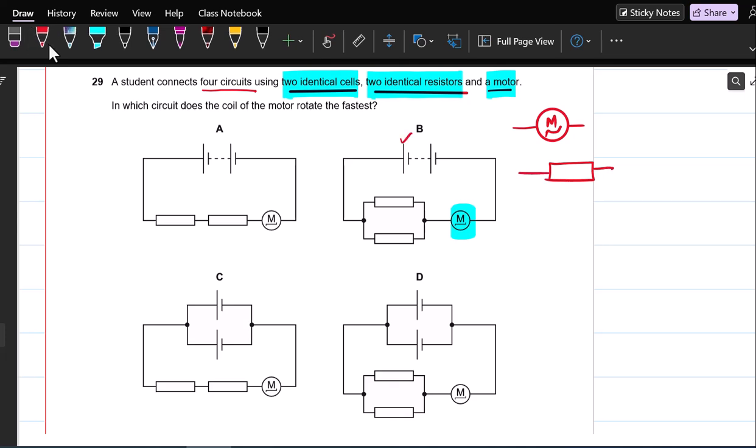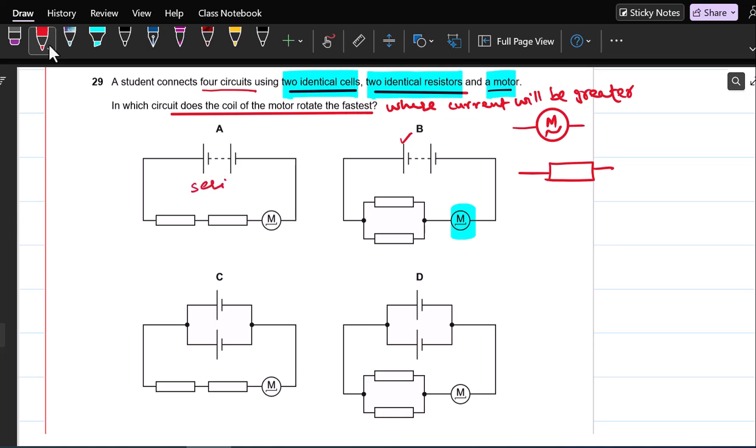In which circuit does the coil of motor rotate fastest? Where current will be greater? Okay. So, dear students, it is a series circuit. If you add these two resistance, total resistance will increase, so current will be smaller in this circuit.